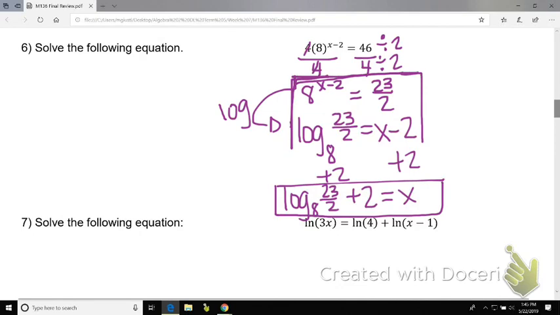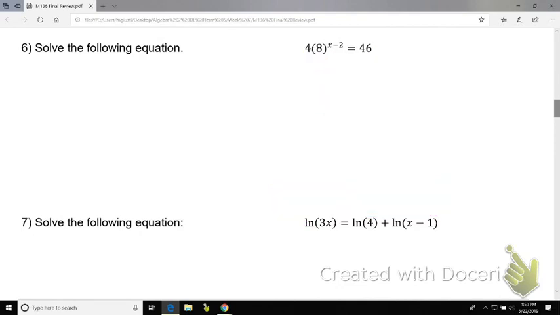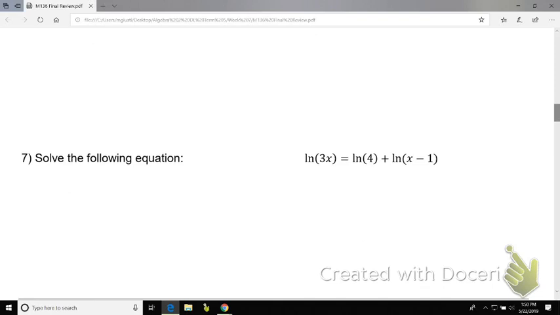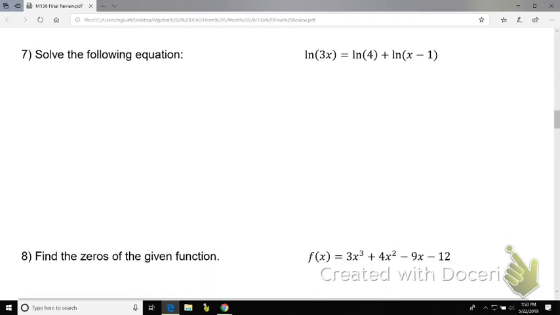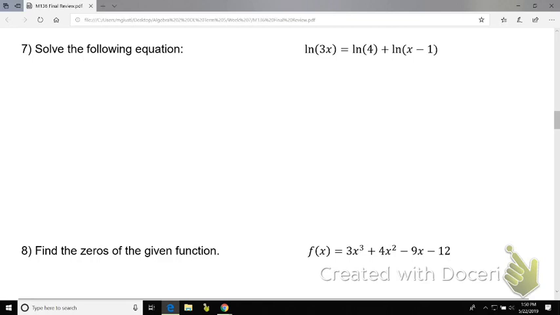Okay, now, number 7. That does not say IN. That is an LN. Now that is a kind of log. It's something that we actually call natural logs. And the reason I put this problem is because when I taught you guys logs, we didn't ever talk about natural logs.